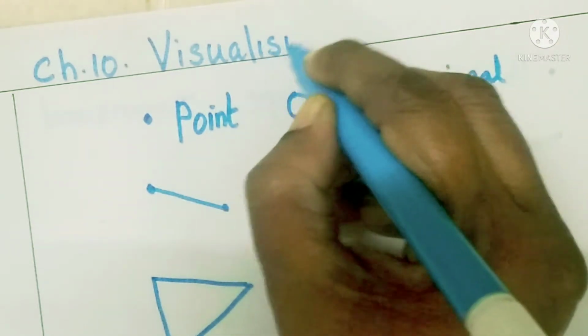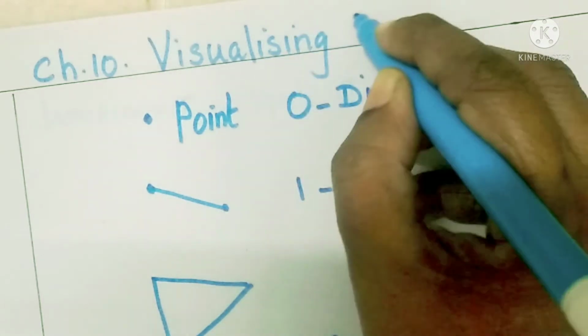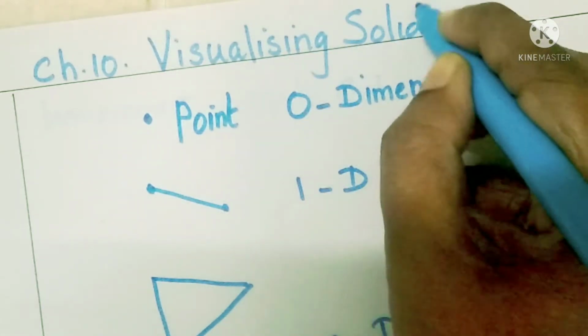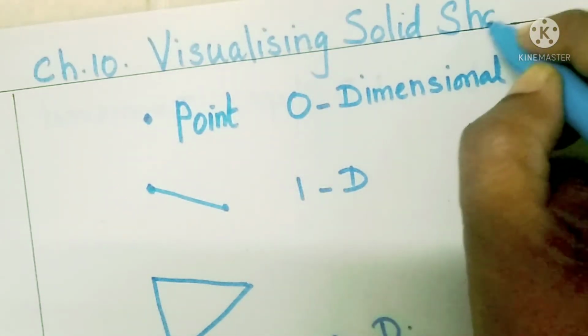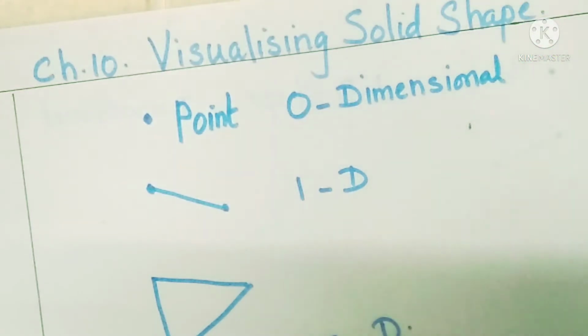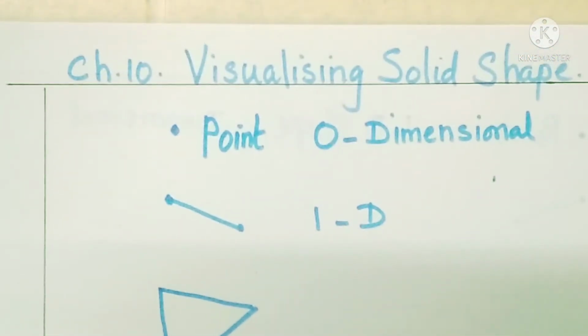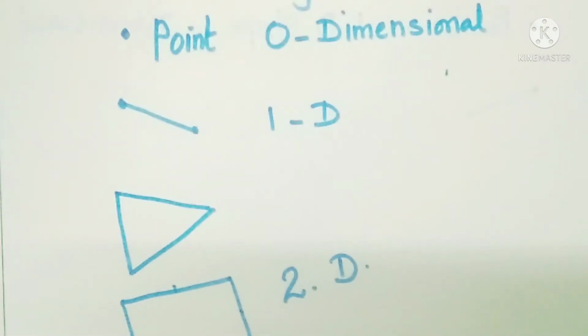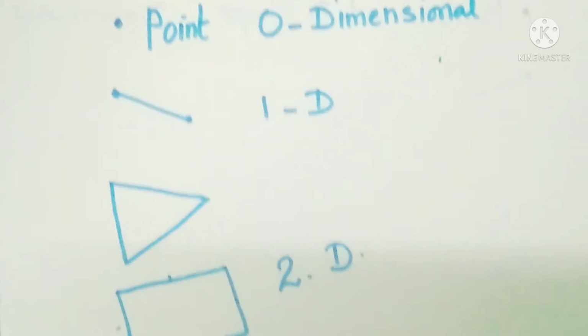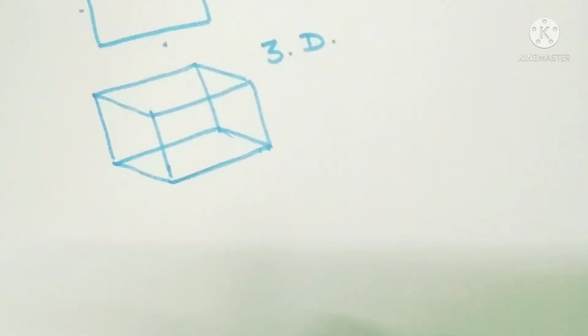Visualizing means observing or looking at it carefully and learning. That is called visualizing. Or you have to imagine also. Some of the solid shapes you may have to imagine and think about. Okay, so we are going to learn in detail about some of the solid shapes.